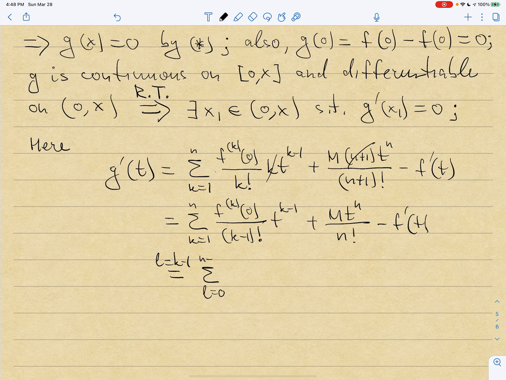It goes to n minus 1. And then k is going to be equal to L plus 1. So we have f L plus 1 evaluated at 0. Then L factorial. Then t to the L. And then everything else is the same.